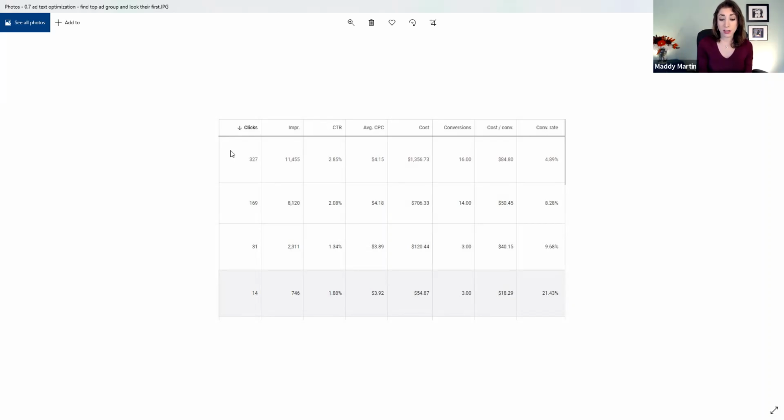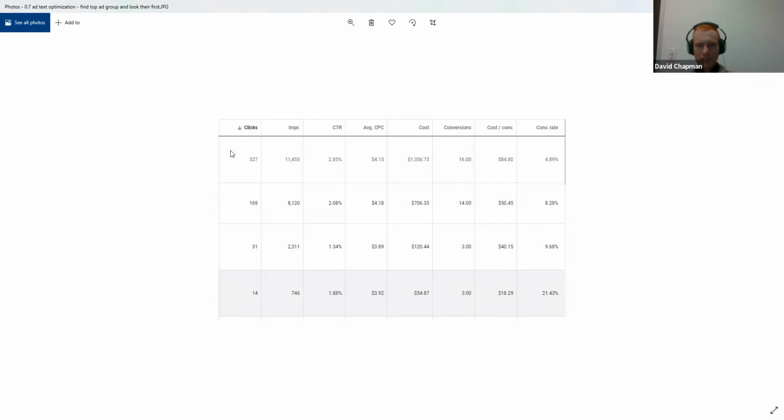And if you look at the conversion rate here and the total count of conversions, you can see on the second row that yes, there are fewer clicks, but you got nearly as many conversions and you almost doubled the conversion rate. So those clicks are really good quality because more of them are converting. That's really what you want to keep an eye on.